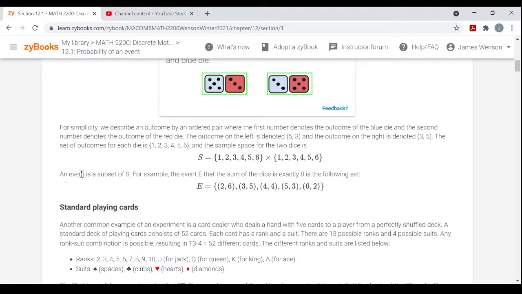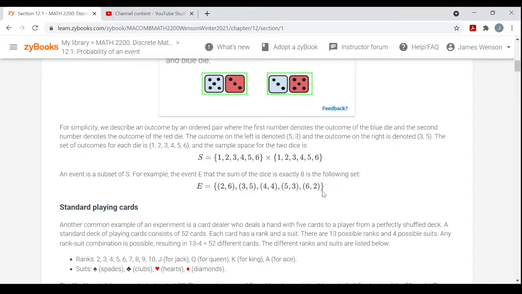An event is a subset of the sample space, which is usually denoted by S. For example, the event E, that the sum of the dice is exactly 8, is the following set, with the ordered pairs (2,6), (3,5), (4,4), (5,3), (6,2).